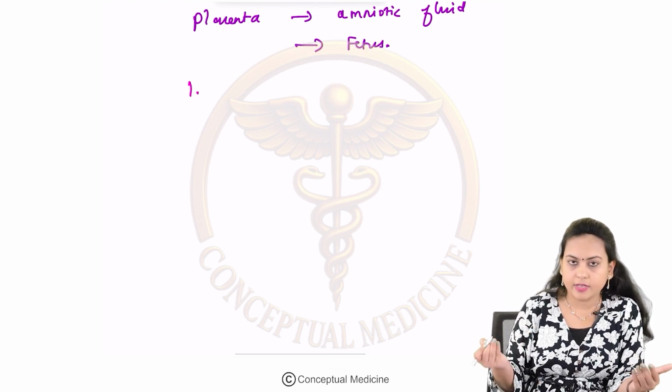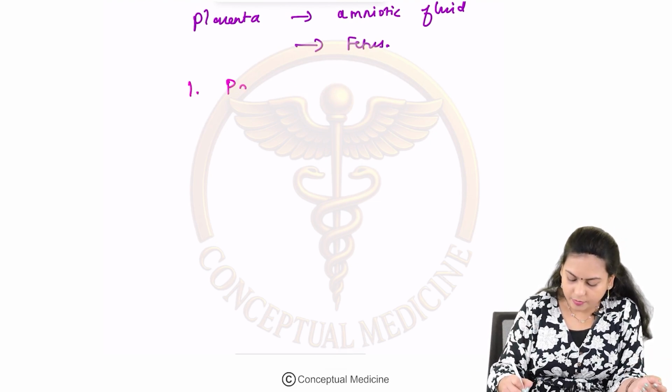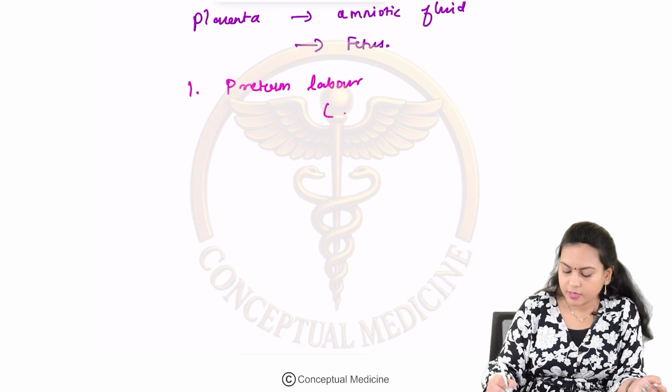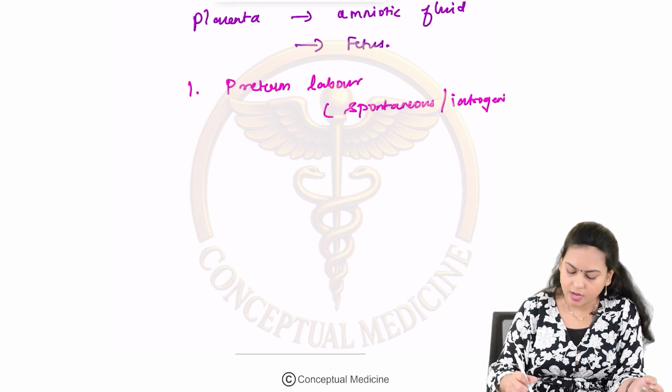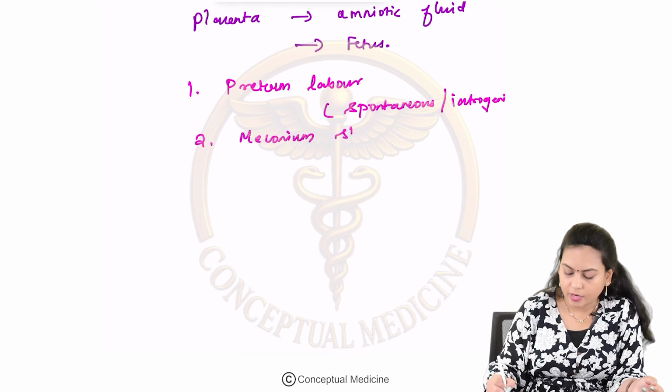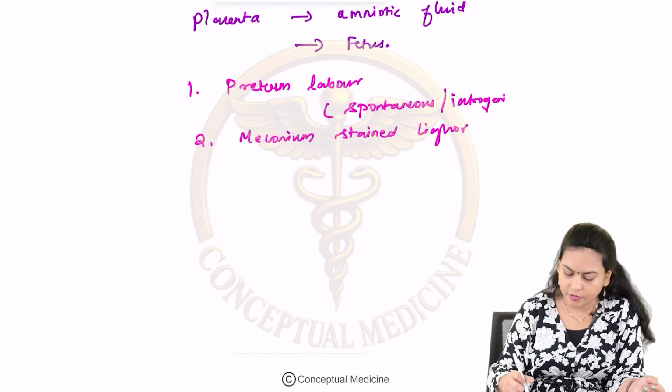There is increased risk of preterm labor. This preterm labor can happen sometimes spontaneously, but if the condition is so severe, there can be a chance of iatrogenic termination also. And there can be meconium stained liquor, since it is accumulating in the amniotic fluid.